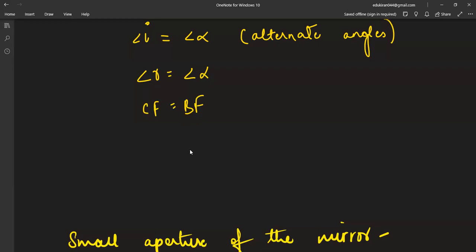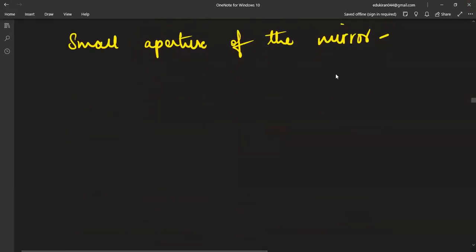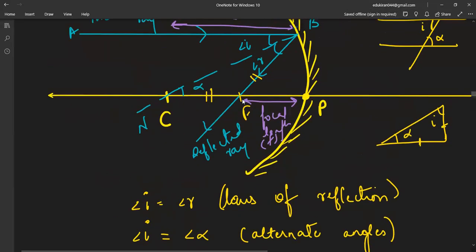Now, if this is clear, take a very small aperture of the mirror. Then this difference, FP and FB, are almost the same, because the aperture is so small that this separation is very small.